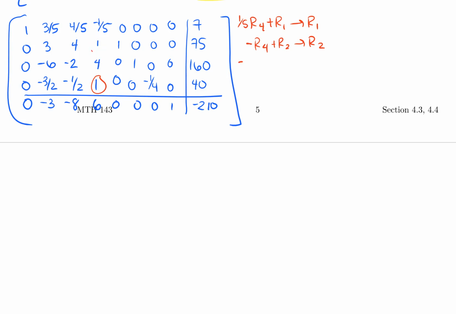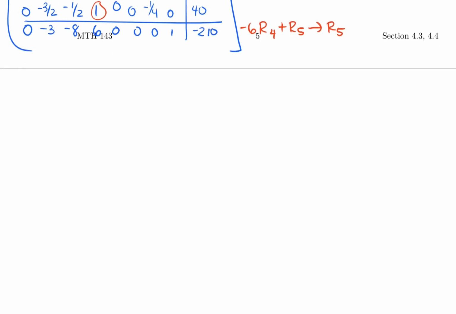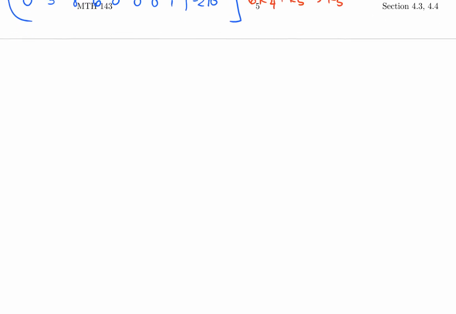Let's see, we're going to need a negative 4 row 4 plus row 3, and this goes into row 3. And last but not least, we have a negative 6 row 4 plus row 5, and this goes into row 5. Okay, so let's go ahead and pivot, and we'll see what we end up with.